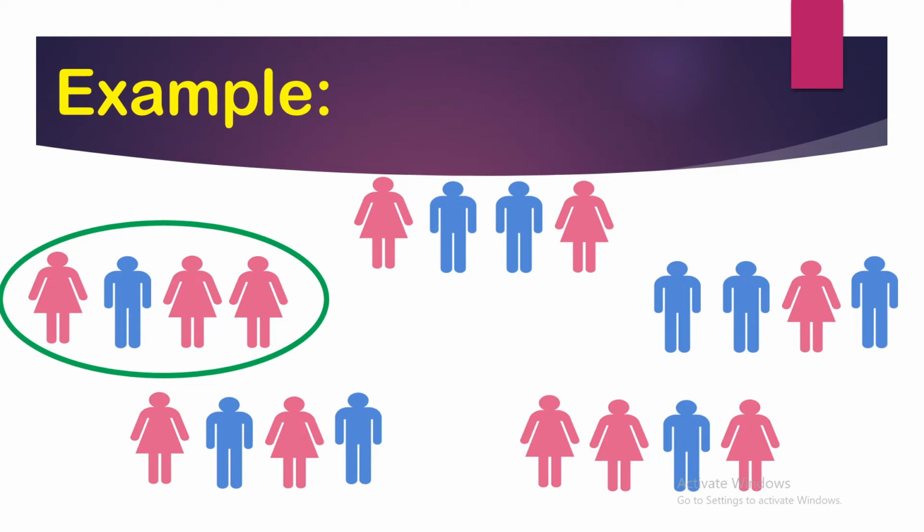That is how to select a sample using cluster sampling: dividing the population into subgroups and then selecting entire subgroup or subgroups. If we need 8 members for our sample, then we can choose 2 groups.